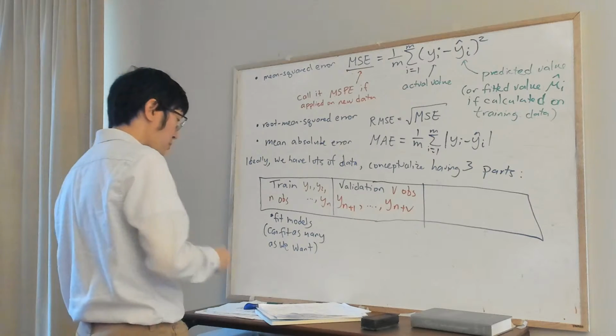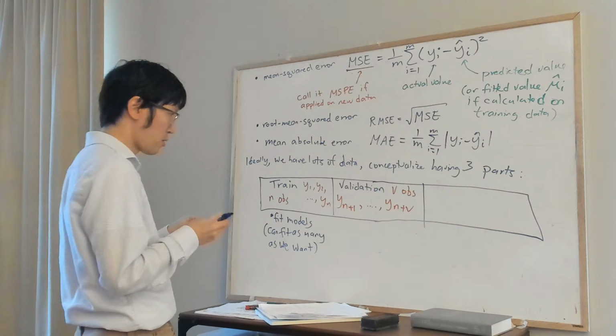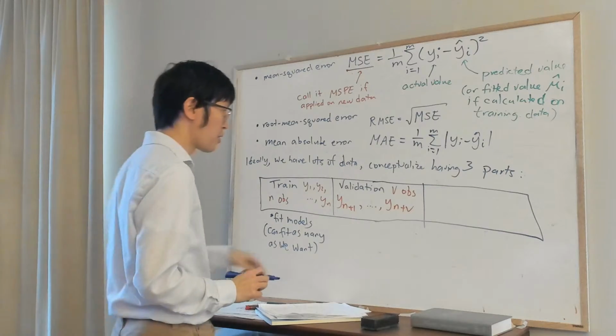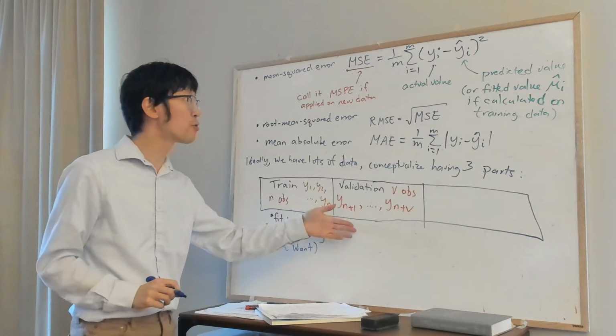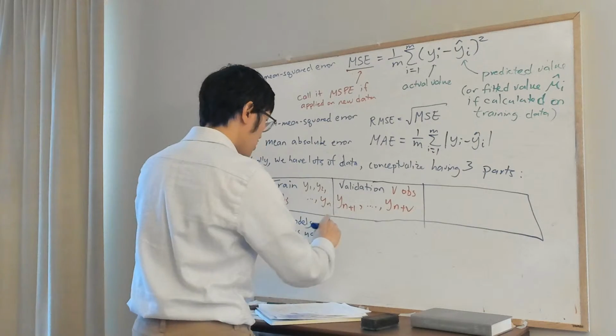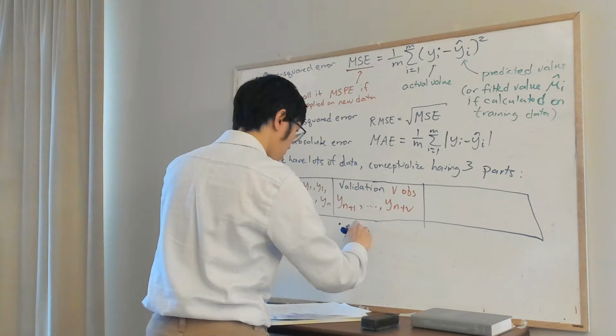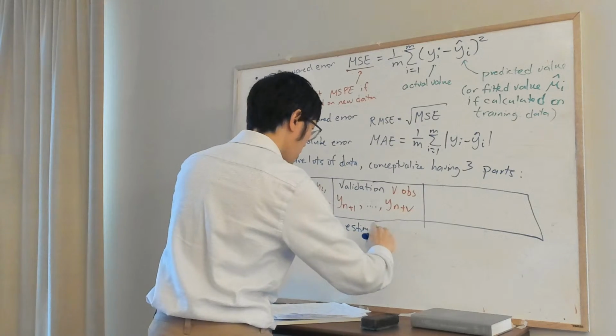What's the purpose of the validation component? We use this to estimate what the mean square prediction error would be.